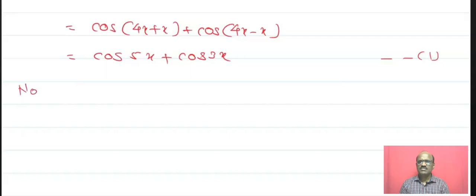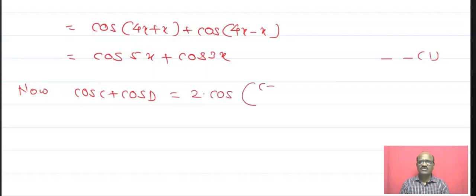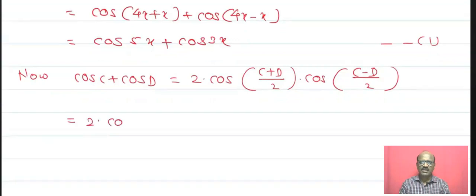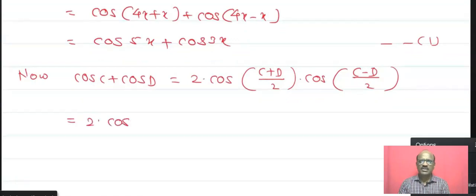Now next, cos of C plus cos D is equal to 2 times cos of C plus D upon 2 into cos of C minus D upon 2.